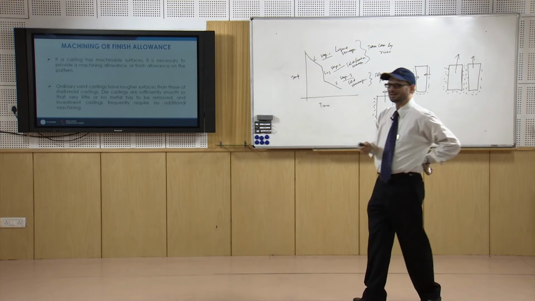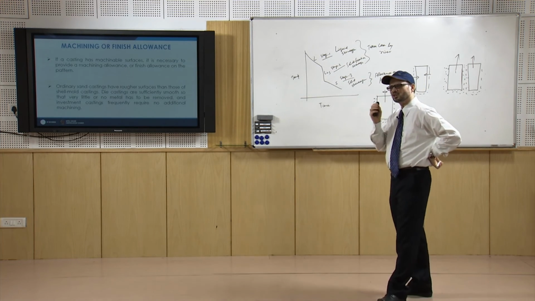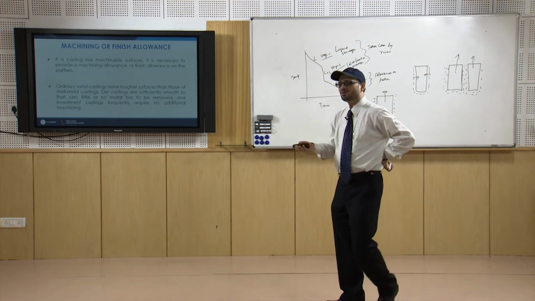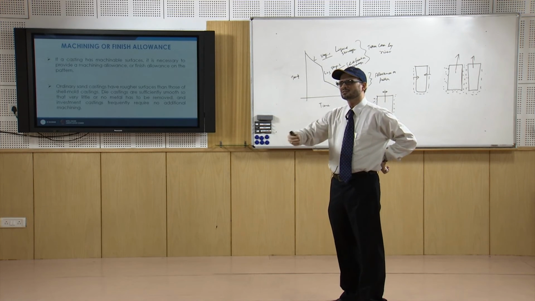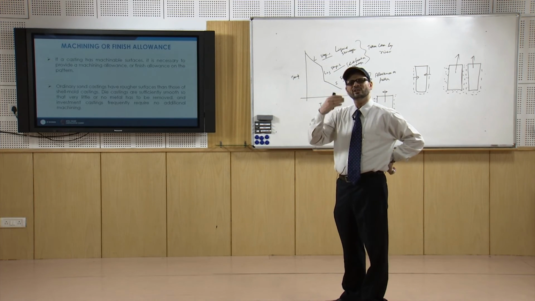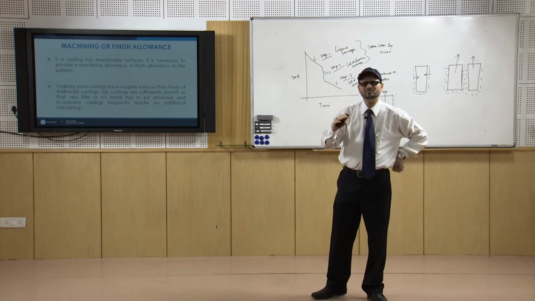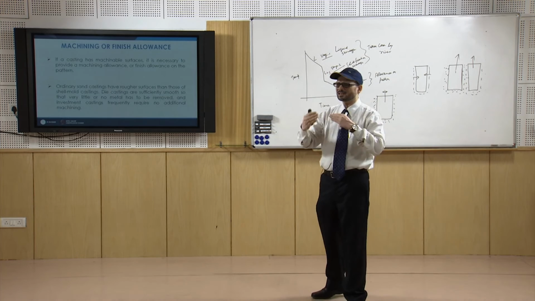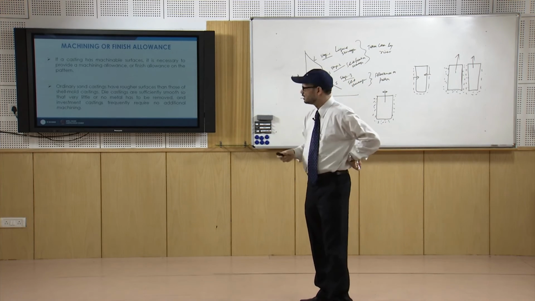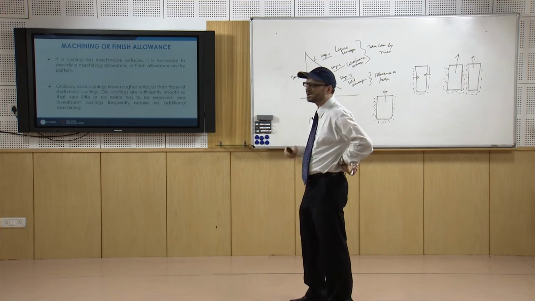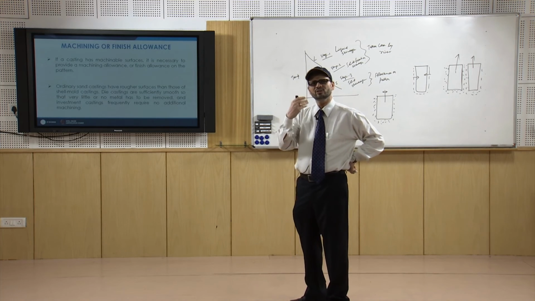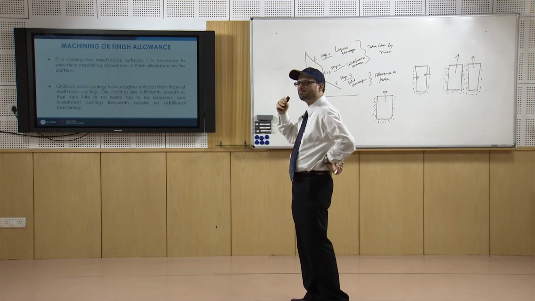Ordinary sand casting will have rougher surfaces, so you need to give more machining allowance, whereas if you use a metal mold, you need not provide that much machining allowance, because metal molds will automatically give you a better finish. So depending upon the molding material used, you need to have the machining allowance.